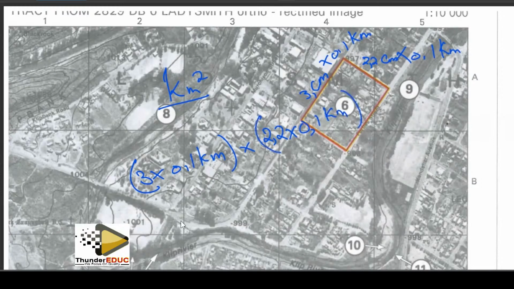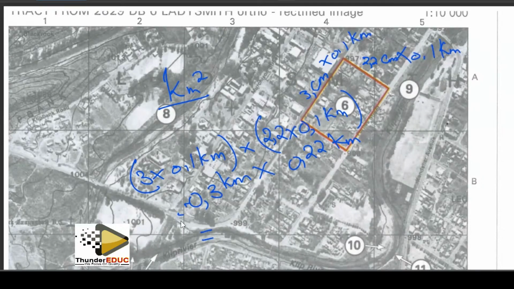So what are we going to get as a result? 0.1 times 3, we get 0.3 kilometers. We multiply 2.2 times 0.1, it gives us 0.22 kilometers. So we multiply the two to now get our answer in square kilometers.